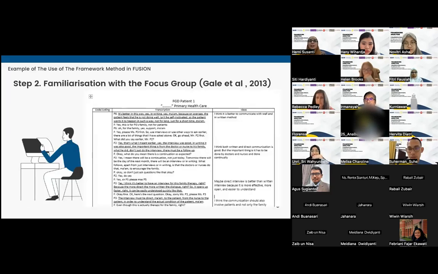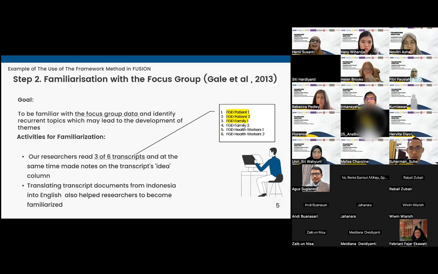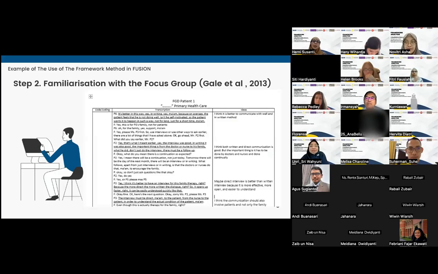Next, please. Can you go back? The highlighted ones there were those that we selected to be used for the familiarization. This is the example of what we did for the familiarization. As you see, there is the column of ideas that we had already prepared.